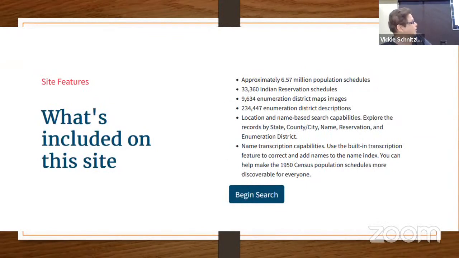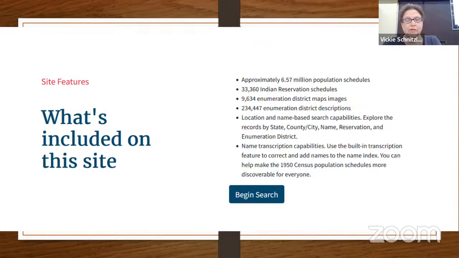If you scroll down on the page, you're going to see a listing of some of the other things that are on here. You're going to see how many population schedules. They do have quite a few Indian reservation schedules, so if you're doing Native American research, there's going to be lots of things for you to look at.